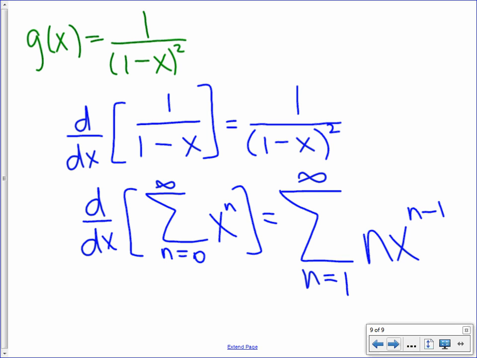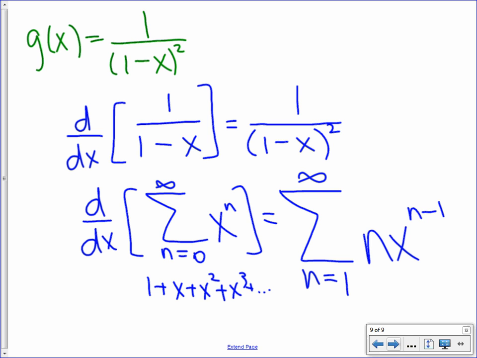And if you think about it, this is 1 plus x plus x squared plus x cubed. So when we take the derivative, the constant disappears, so our first term is 1, plus 2x, plus 3x squared.